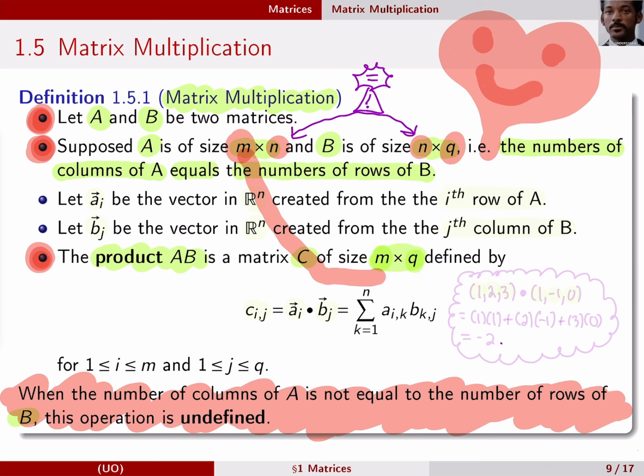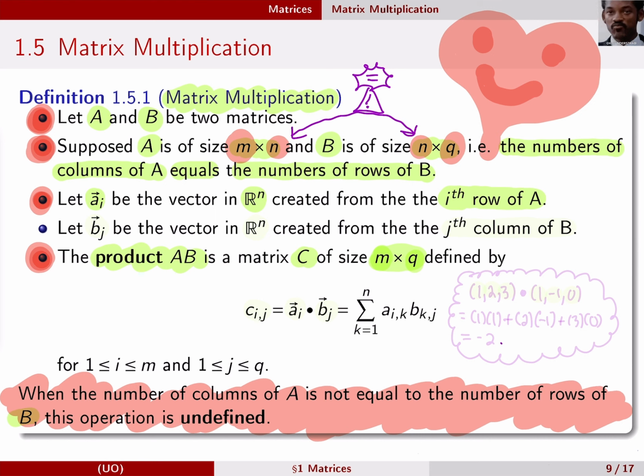The trick is to first construct a vector. A vector is just n numbers together. So a vector in R^n just means I have n numbers. And where are these n numbers coming from? Well, first from the ith row of A. So you take the ith row of A, that will be n numbers in R^n.